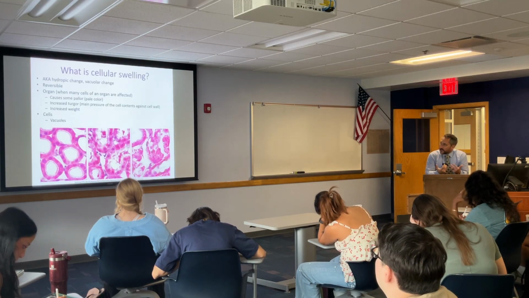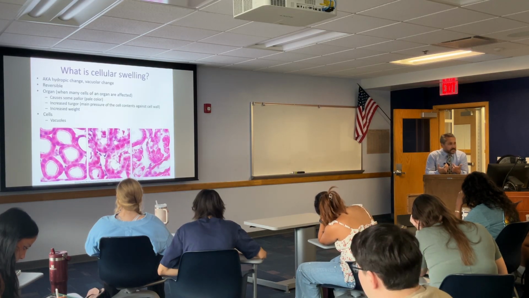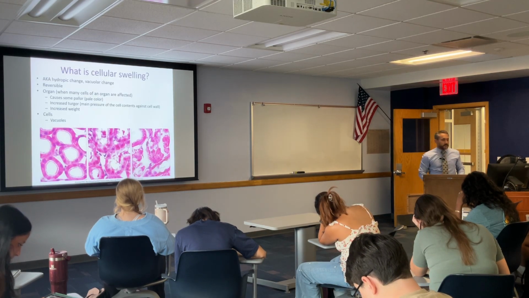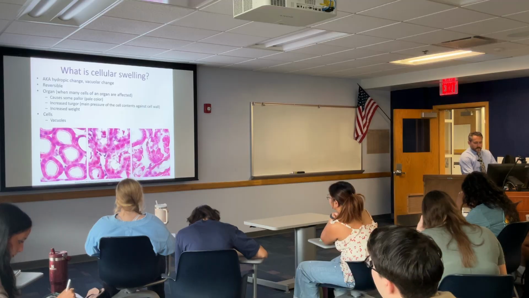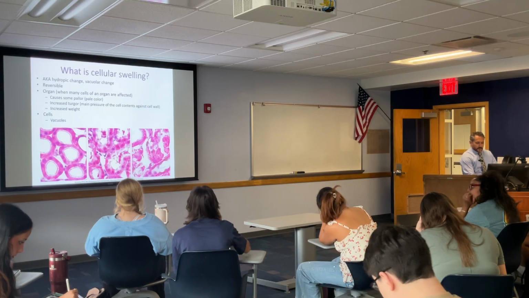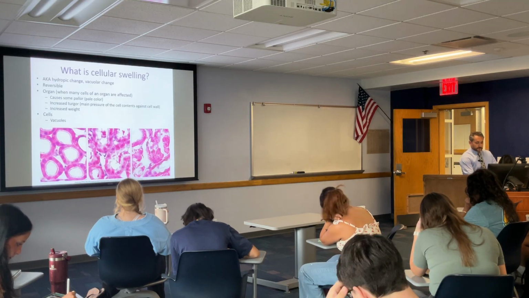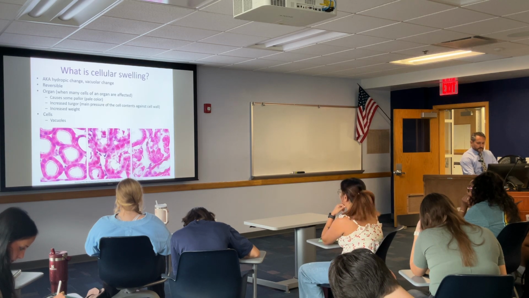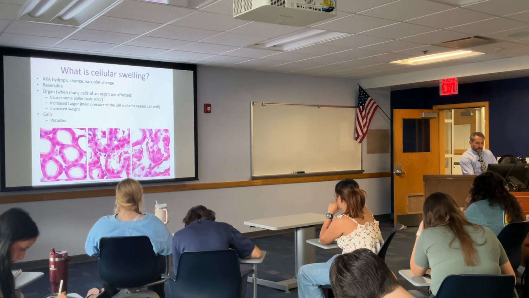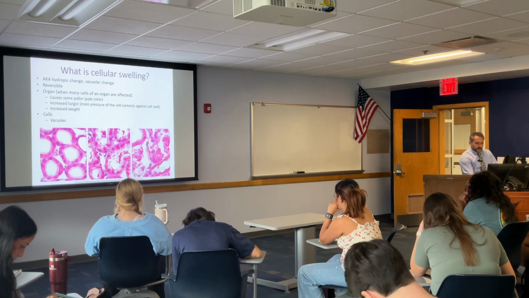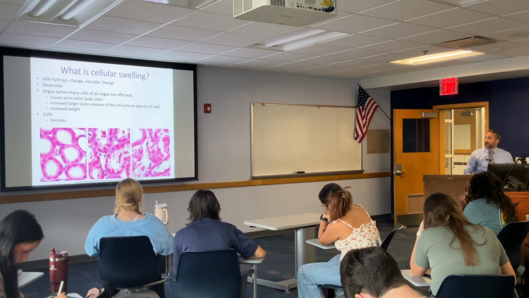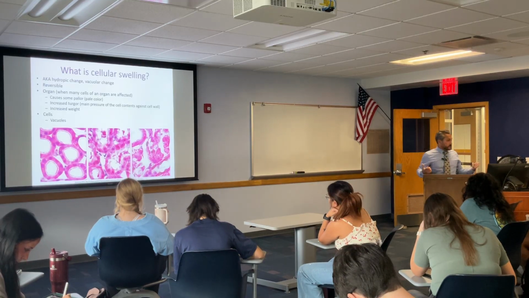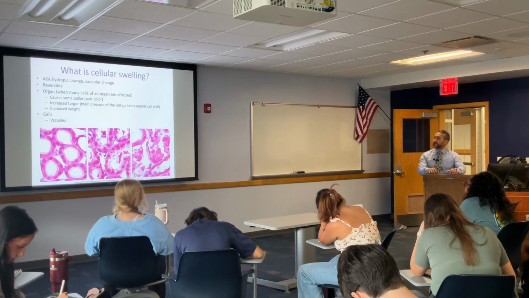In an organ, many cells of that organ are affected. In this particular example in the kidney tubule, this is an early example of ischemia, in a patient that isn't getting enough perfusion to the kidneys. Typically, this person is in heart failure and doesn't have enough blood pressure to make it to the renal arteries to perfuse the kidneys with blood.